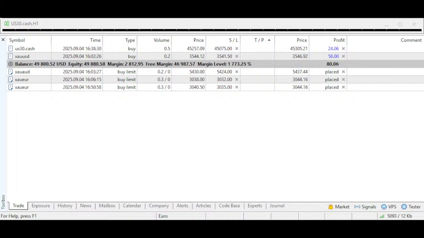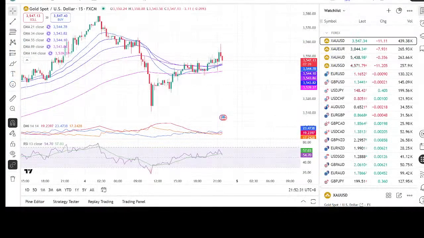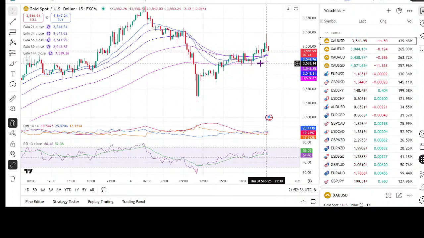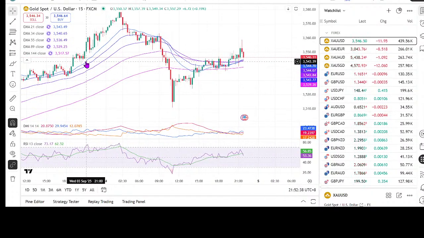So if we get stopped out, we'll try to go for re-entry and try to get the maximum. But again, market is very choppy and jittery. So now let's see the re-entry for gold euro.